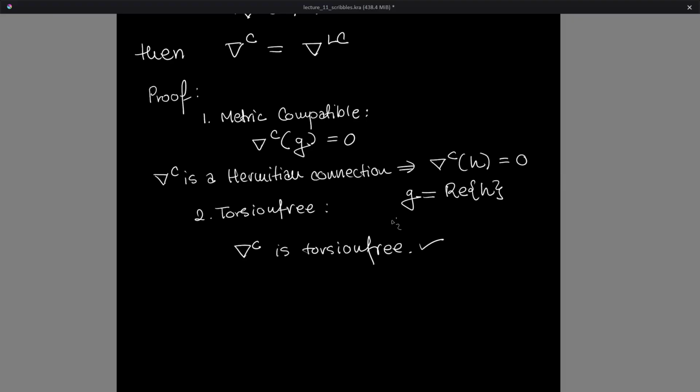So that implies that nabla^C of g is equal to 0. So the Chern connection is always automatically Riemannian metric compatible. But the thing that will prevent it from being the Levi-Civita connection is whether or not it's torsion free.